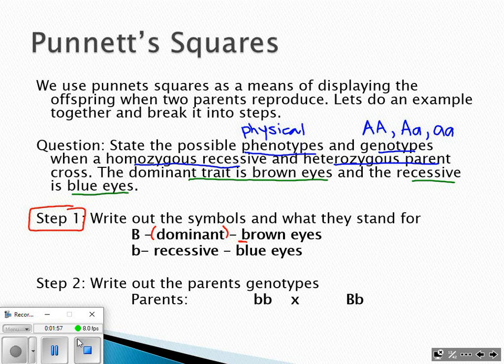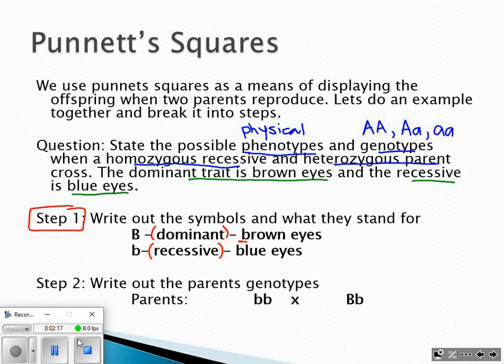Little b is our recessive trait, and again, you don't always have to put that in, but that's blue eyes. So that's our first step. All right, from this question, what do we know? They told us that brown eyes is the dominant trait, and the recessive trait is blue eyes.